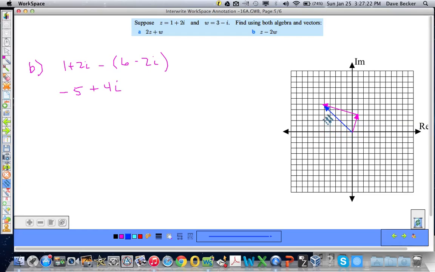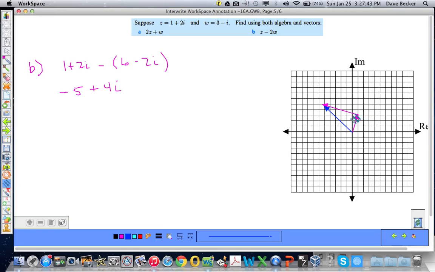1, 2, 3, 4. Wait a second. What did I do? 1, 2, 3, 4, 5. 1, 2, 3, 4. So I must have done something wrong. Let's check it out. Over 1, up 2. Yes. And then minus 6. Up 2.